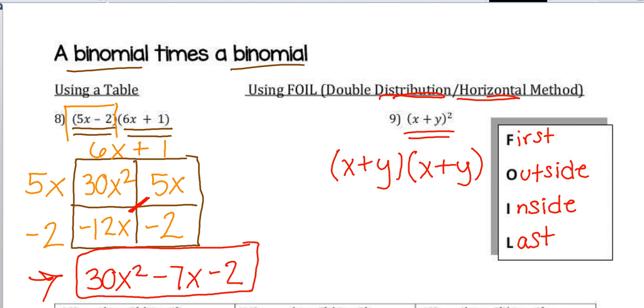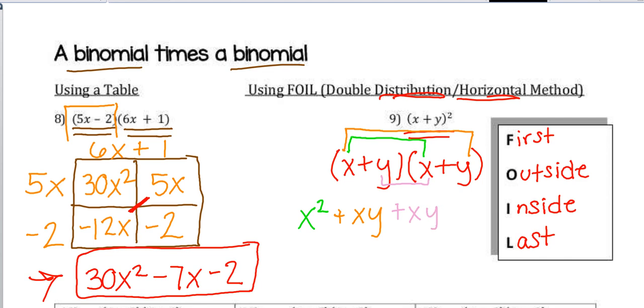All right, so now for FOIL. First means the first term of both binomials get multiplied together. So I have x squared. Outside means that I have the outside terms. So I have x and y that are being multiplied, so that's just xy. Inside means the 2 terms that are next to each other. And again, I have x and y, so I have plus xy.